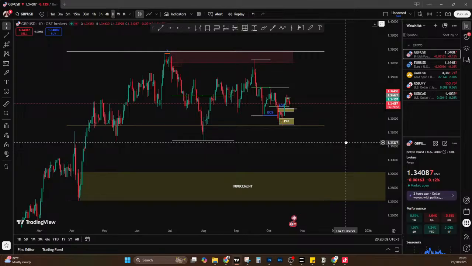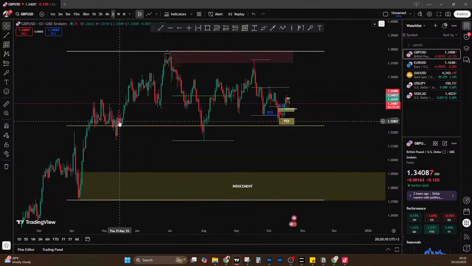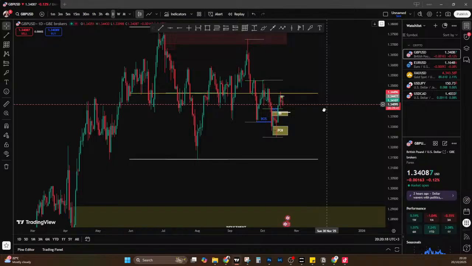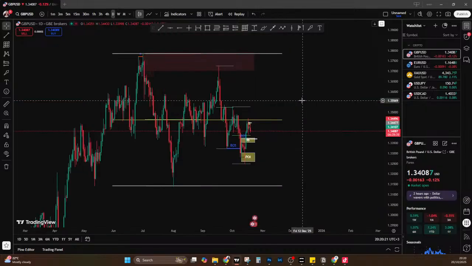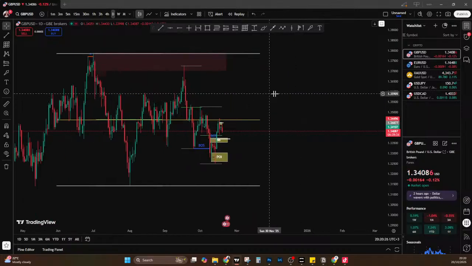Why? Because we are in the discounted price. So we move from here, we now go to where the market is. So this is where we are currently.